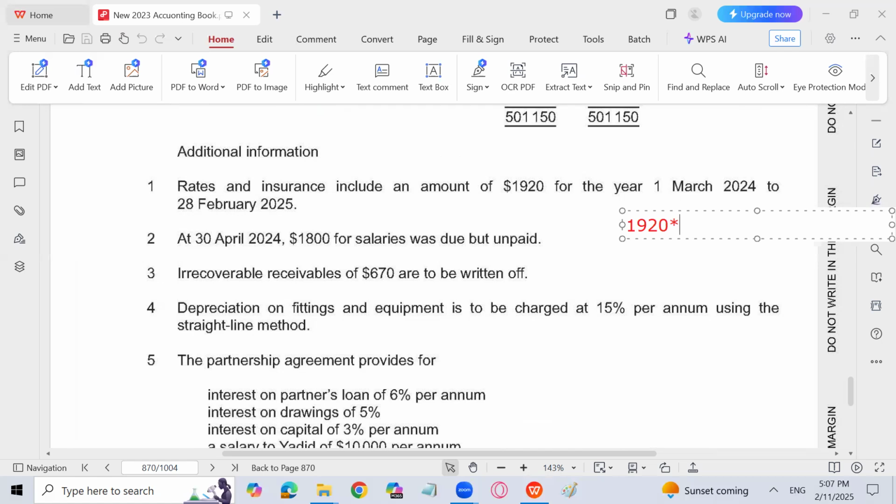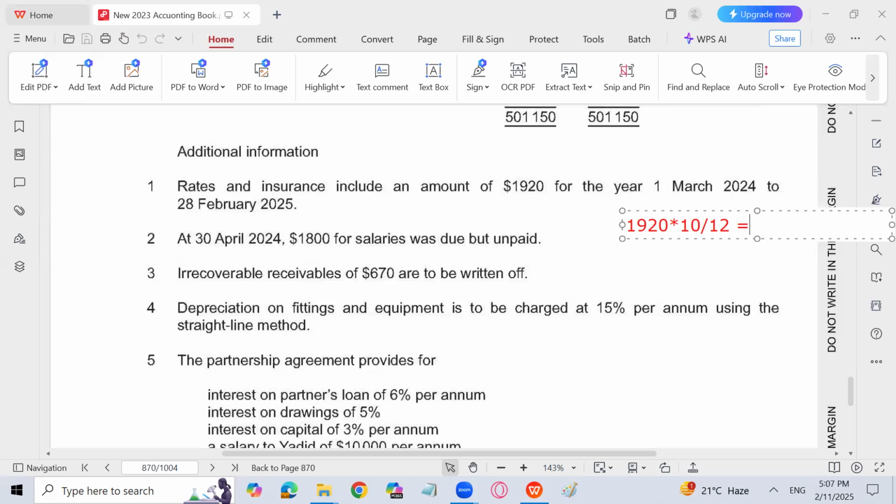So 1920 multiplied by 2 over 12. Sorry, 1920 into 10 over 12. That is going to be the prepaid. Why? Because we have rates and insurance include an amount of 1920. We have already paid 1920 for 12 months, out of which only 2 months payment should have been made.